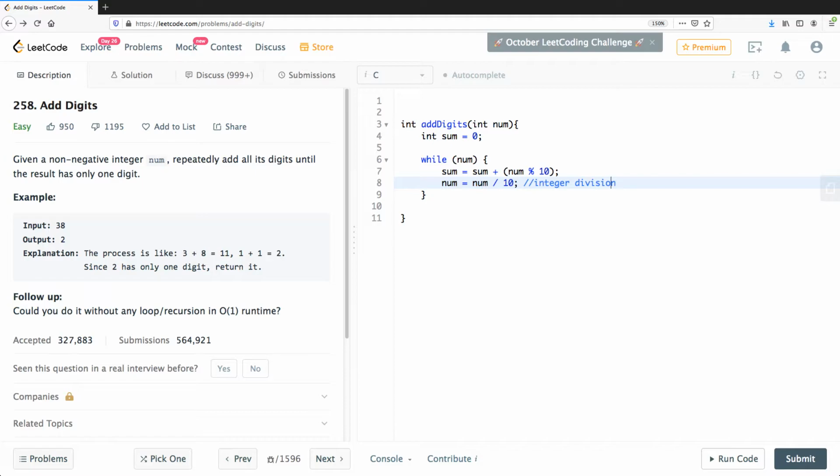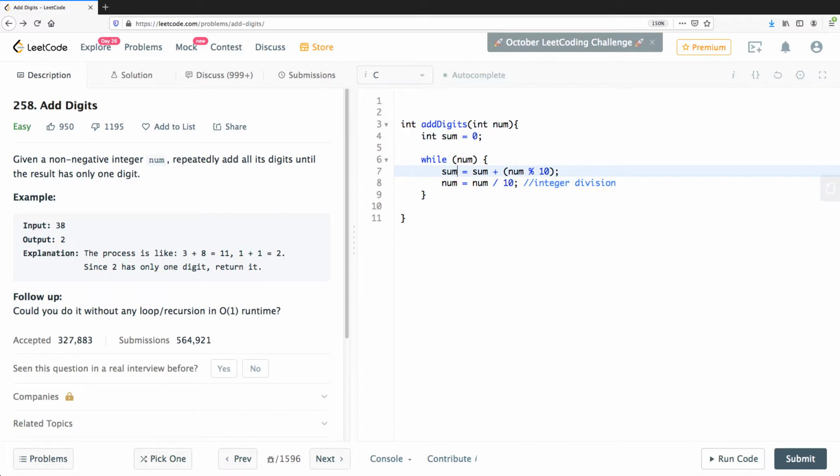So that means num now would be 3, and we will go back to the loop. And this loop would continue to go on as long as num is having some value. We say num is not 0. But if you come inside the loop with num being in single digits like 3, now you know that next time around you will not be coming here.